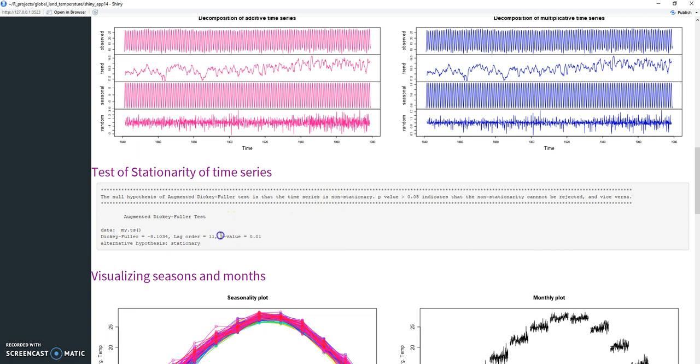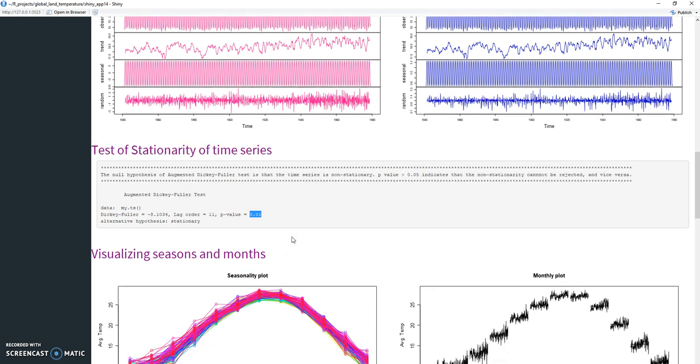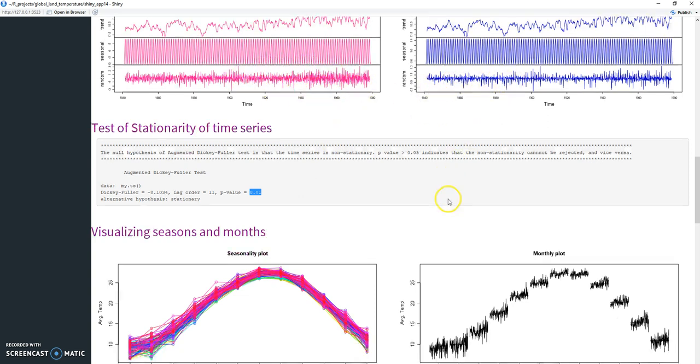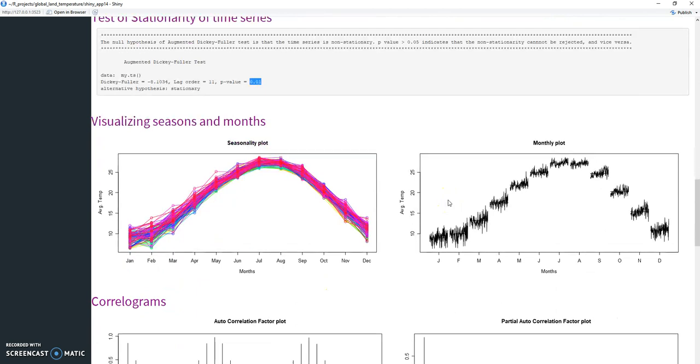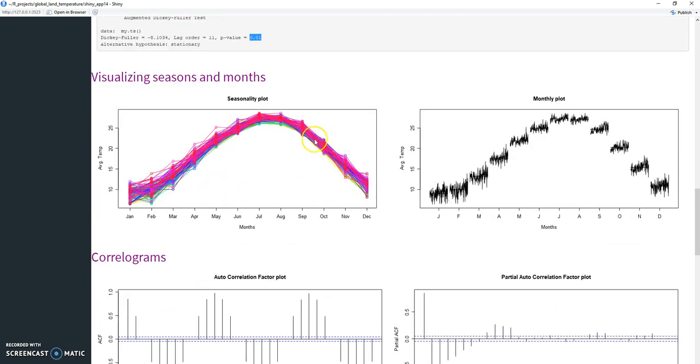Now, the augmented Dickey-Fuller test p-value gives us a value of 0.01, meaning that the time series over here is a stationary one, confirming our eyeballing test that the time series looks fairly stationary.